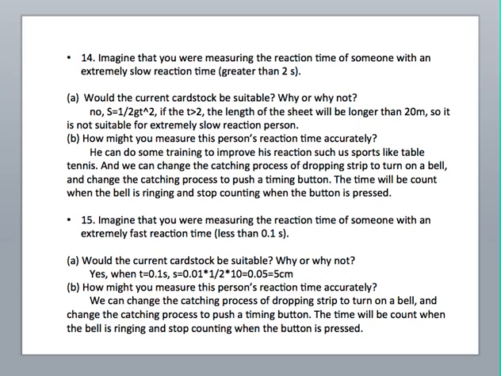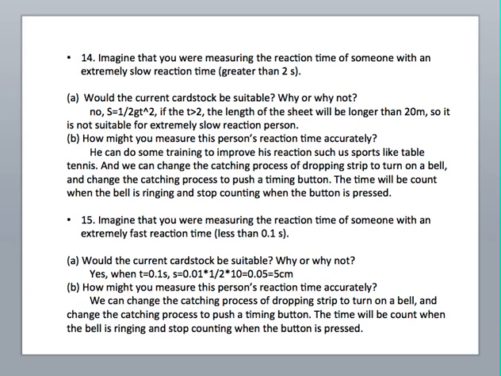And B is, how might you measure this person's reaction time accurately? There are two ways. First, this person can do some training to improve his reaction time, such as sports like table tennis, so we can use the same paper strip.